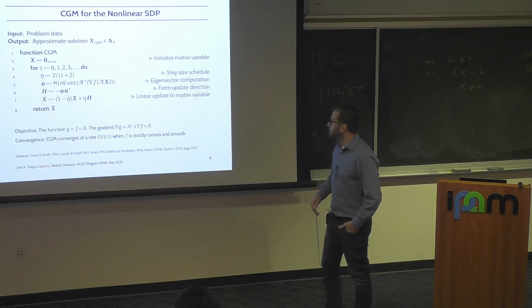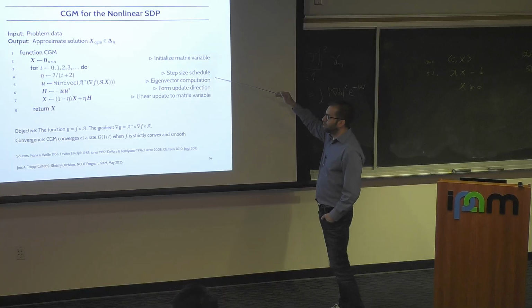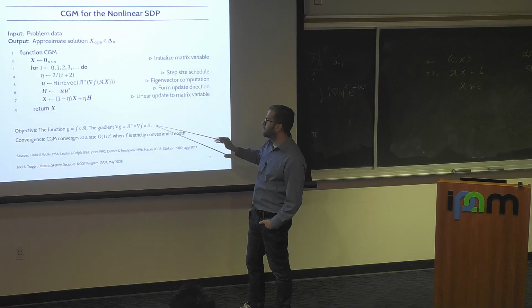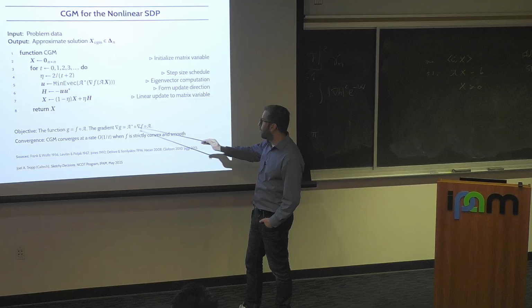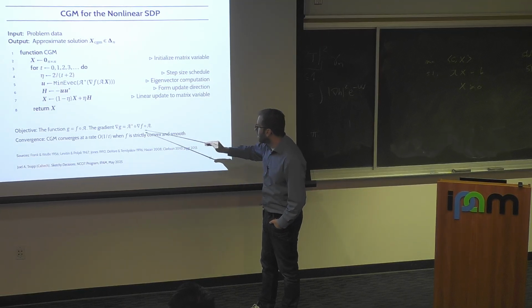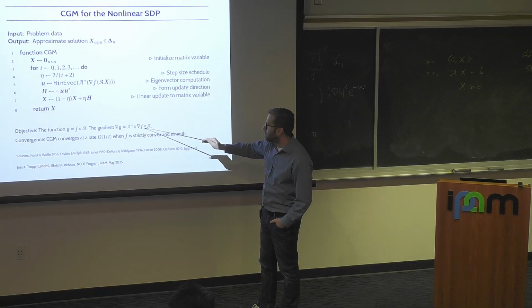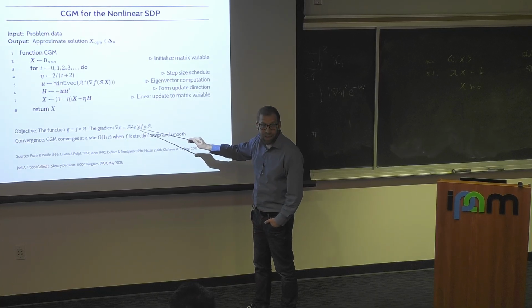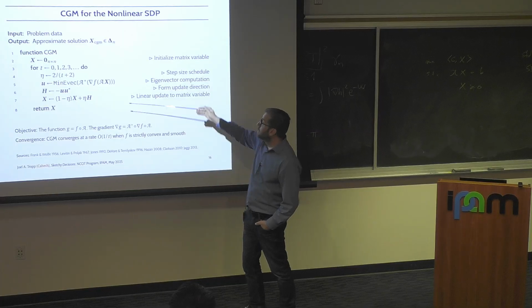Okay, so here's how the algorithm works. I want to call your attention to the eigenvector computation, which in the case of our SDP involves an objective function, which is f composed with A. Its gradient is the linear map A composed with the gradient of f composed with the adjoint of the linear map. Okay? And so that's here.